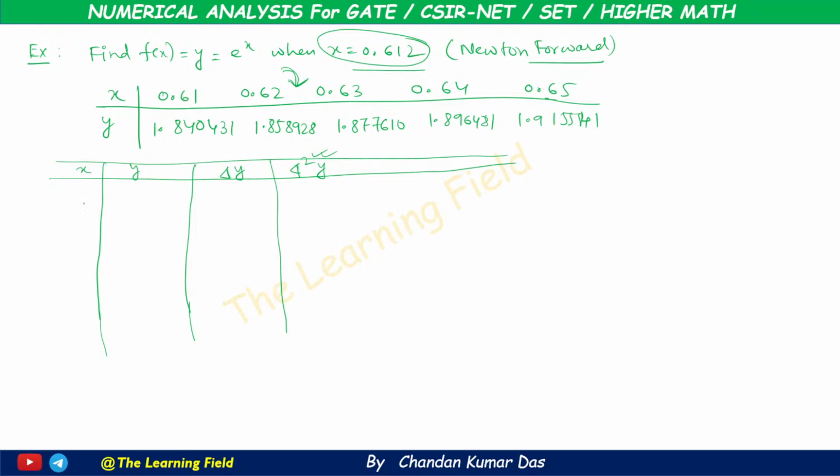So here x is 0.61, 0.62, 0.63, 0.64 and 0.65, and the values are 1.840431, 1.858928, 1.877610, 1.896481, 1.915541. Now we find the differences, delta y.